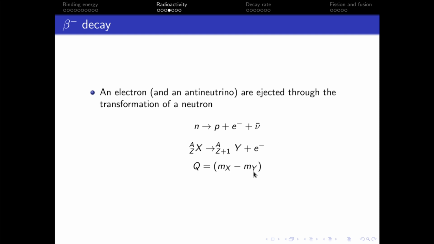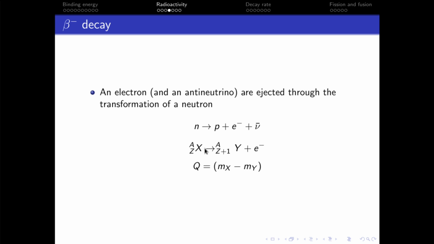For the energy either released or needed for this reaction, we started off with a neutral atom with Z protons and so Z electrons. Now we have a nucleus with Z plus 1 protons, and we still have the Z electrons that it had before, plus an extra one released.